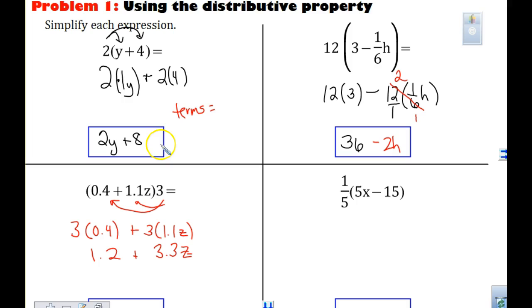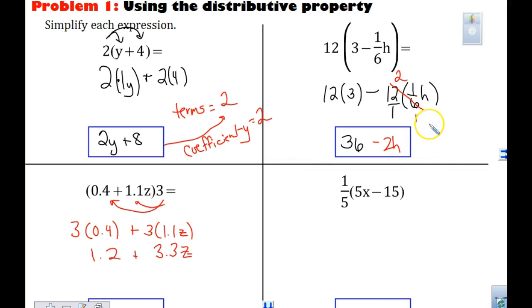If I asked you, going back to this first one, how many terms do we have? How many terms in this answer? 2 of them, right? They're separated by an addition sign. And if I asked you, what is the coefficient, so please add this in your notes, the coefficient of y? That means the number that's times y, which in this case should be 2.